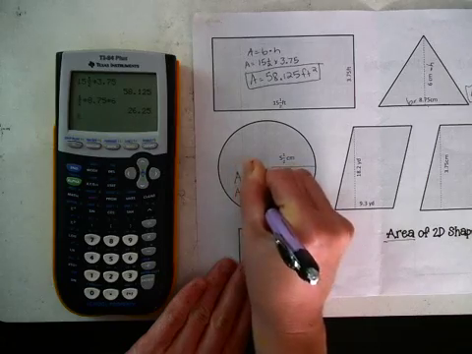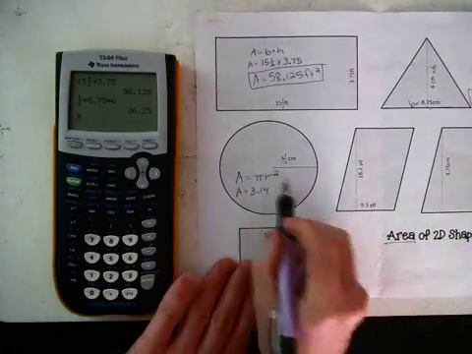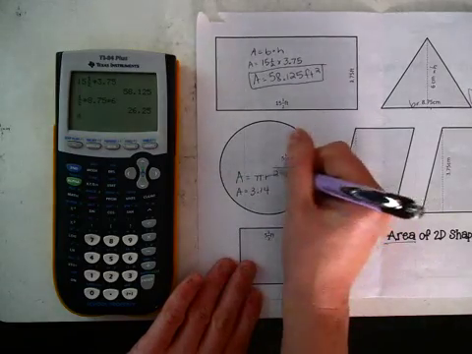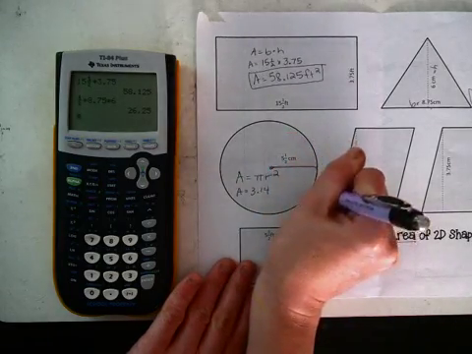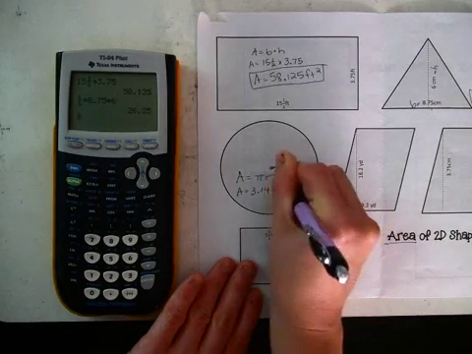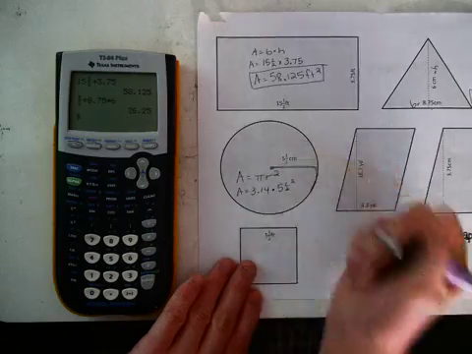Alright, circle. A equals pi r squared. 3.14. I have to check to make sure this is indeed a radius, not a whole diameter. And it is. It's half the circle. Remember, it kind of makes an R, so it's radius. So times 5.5 and then squared.